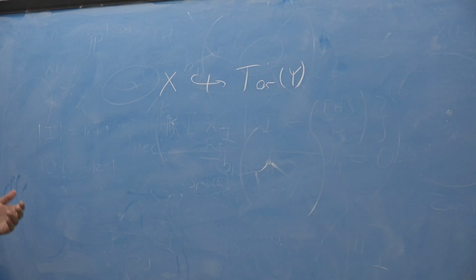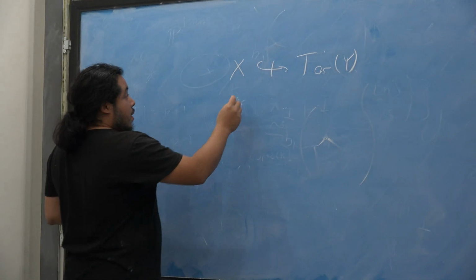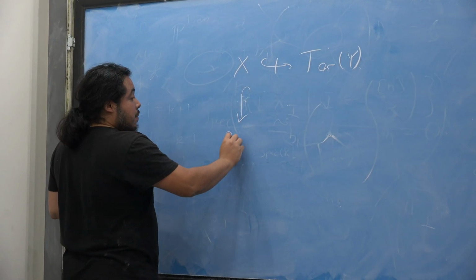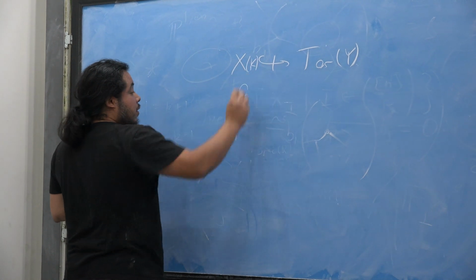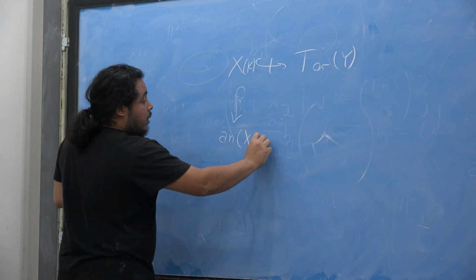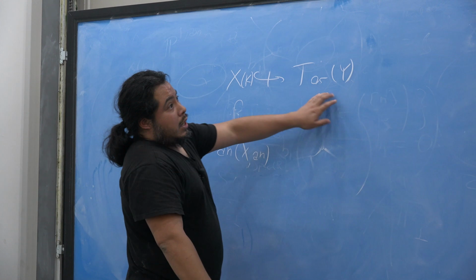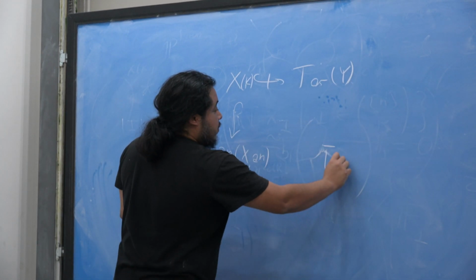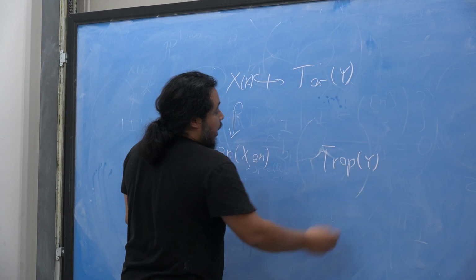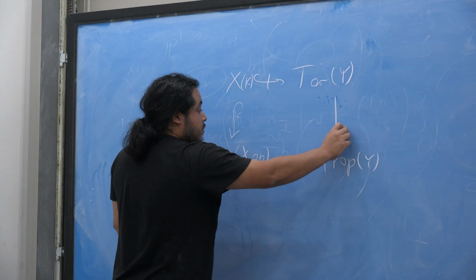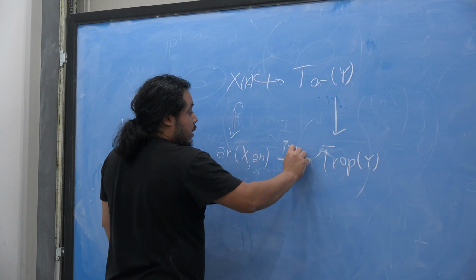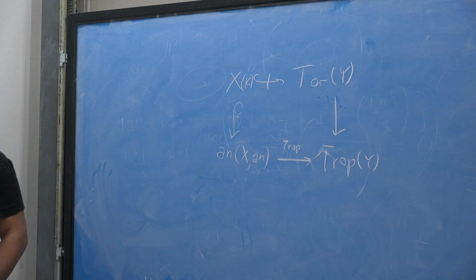And this gives you a tropicalization map. The closed points embed in the analytification. There is some tropical toric variety associated to this, and there is a map which is called tropicalization. I'm going to define it in some minutes.